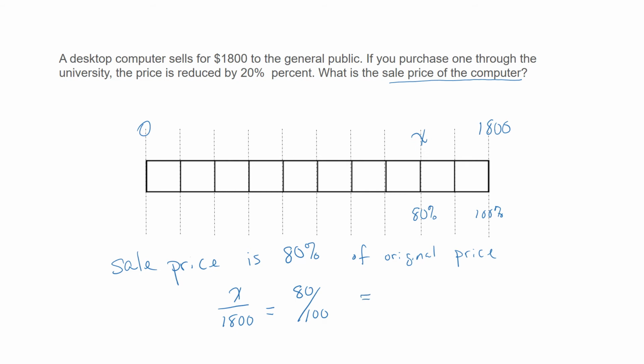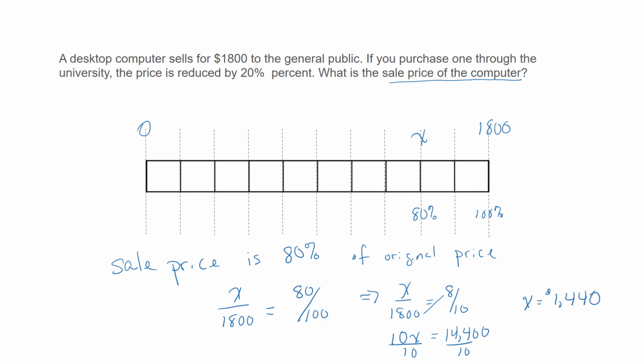I can then reduce my fraction just to make things a little bit easier for me. I'm not reducing it all the way because dividing by tens is really easy. So 1,800 times 8 is 14,400. Now if I divide both sides by 10, I get that x is $1,440.